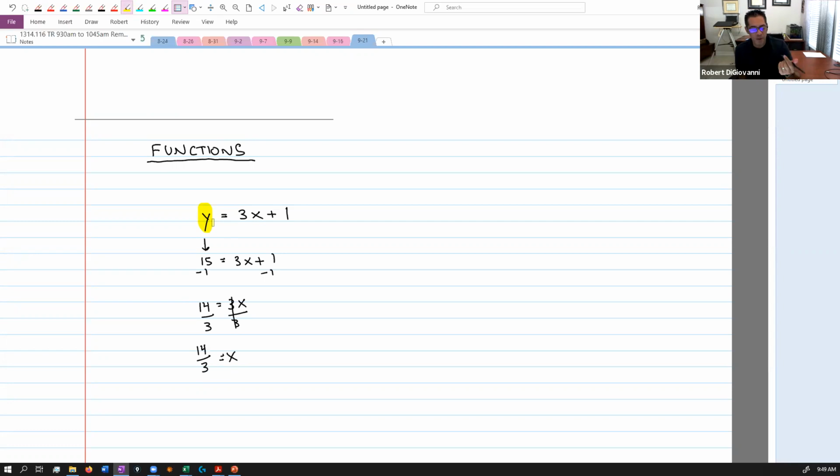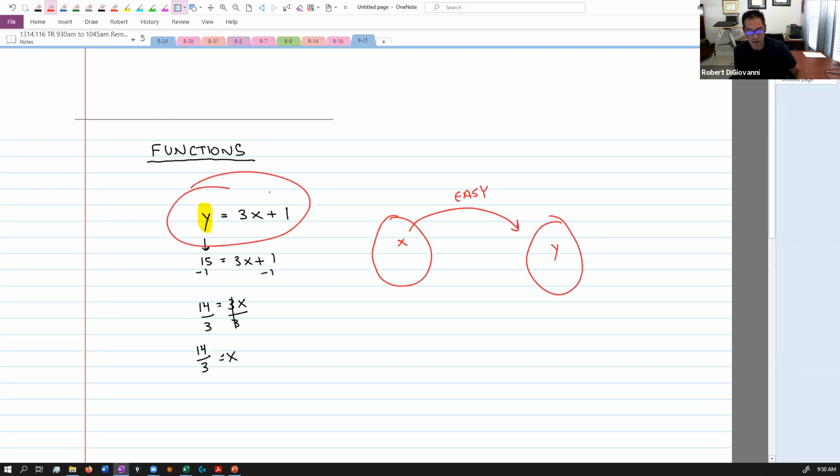So if we think about this visually, if I give you an x, then you can pretty easily figure out what y is. This is easy to do for this particular equation. I give you x, you can tell me y.